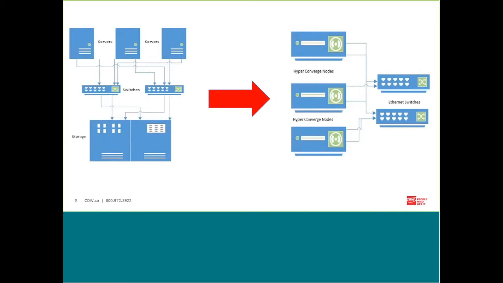Whereas on the hyperconverged side, we have one pane of glass that allows you to do all those different functions, as well as other things as far as managing the environment and the analytics side of things. Another great benefit is that it's all software defined, so we have software running all the different layers versus having to depend on all the physical pieces of it.